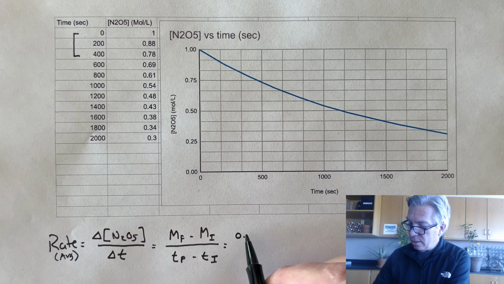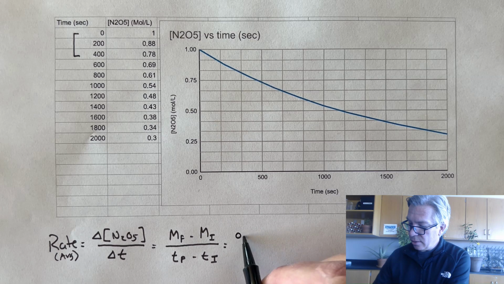And so your final answer there is going to be 0.0080 moles of NO2 per liter per second. Okay, you're just going to take the rate you have and apply the ratio from the reaction.